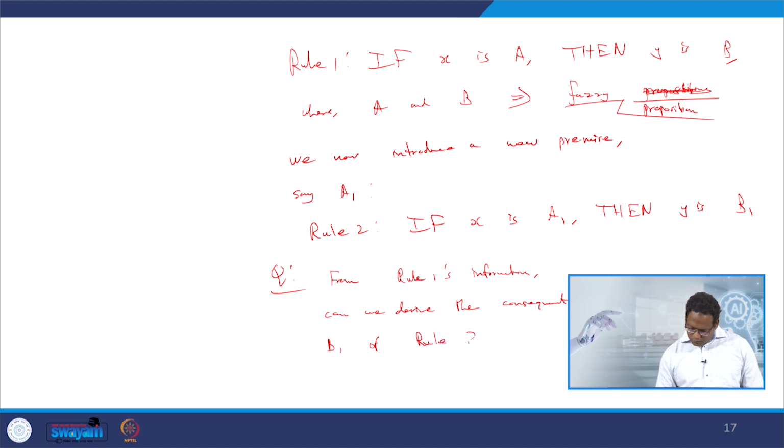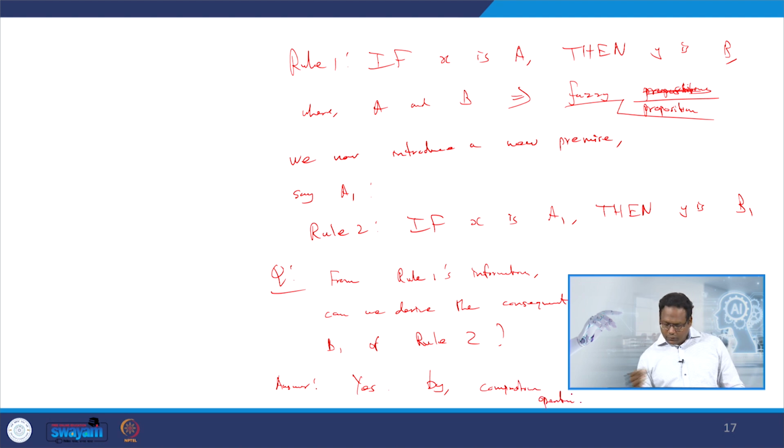That is a question. The answer is yes, by composition operation. Okay, that is obtained by composition operation. How it is?